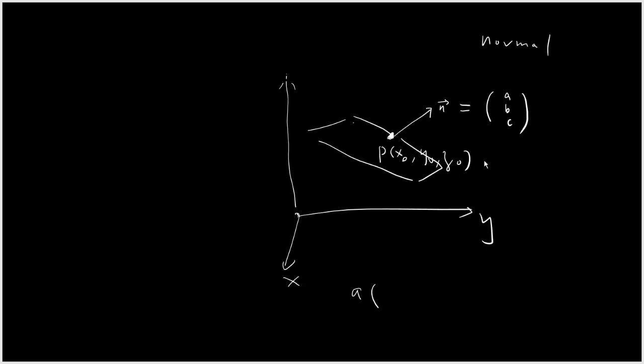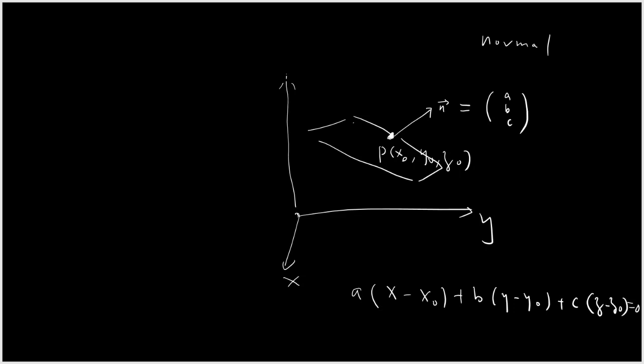Three terms on the left-hand side: A times (x minus x0), plus B times (y minus y0), plus C times (z minus z0). On the right-hand side you have the number 0. This will determine the equation of the plane.